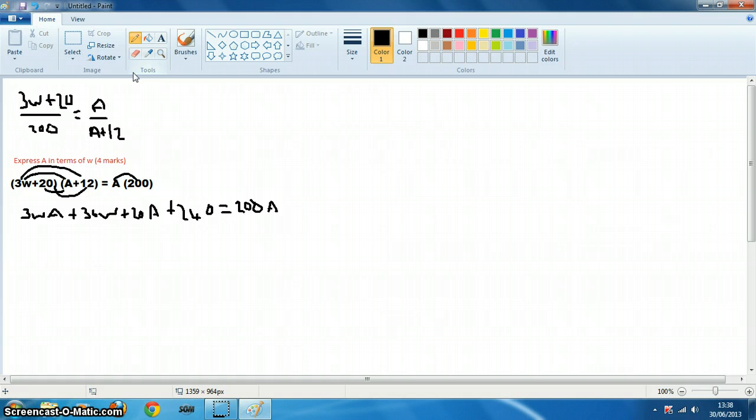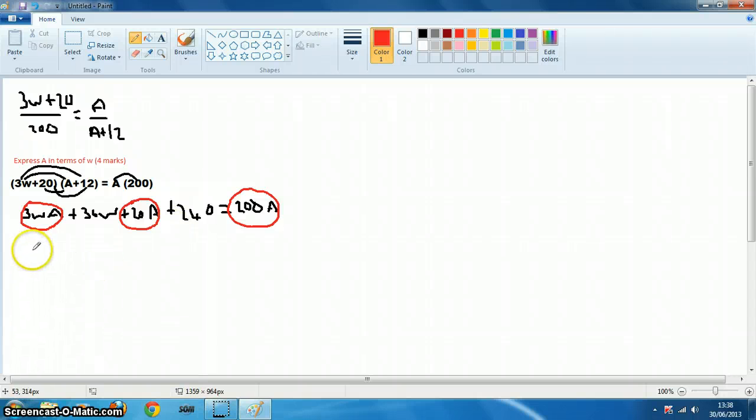What we then need to do is collect like terms. We need to keep the A's on the left hand side, and move the W's to the right hand side. So we have 3WA, positive 20A, and positive 200A.